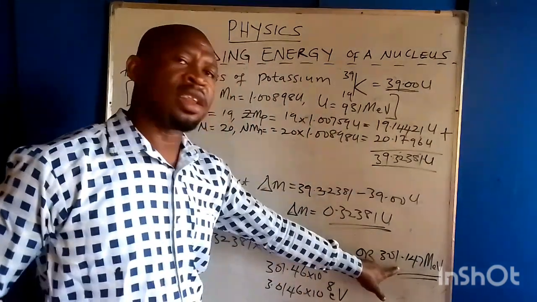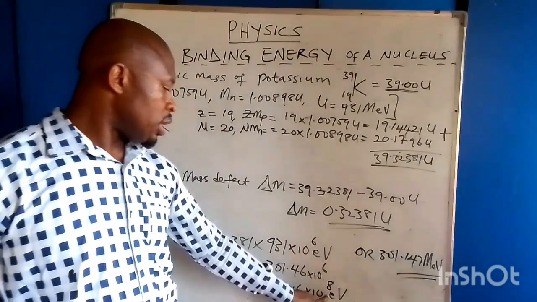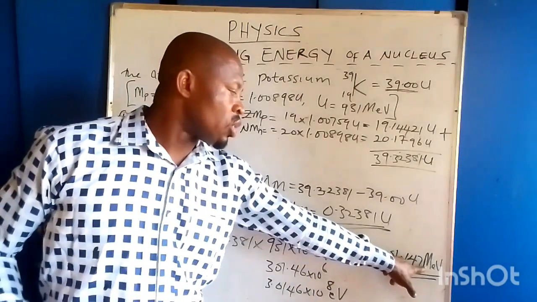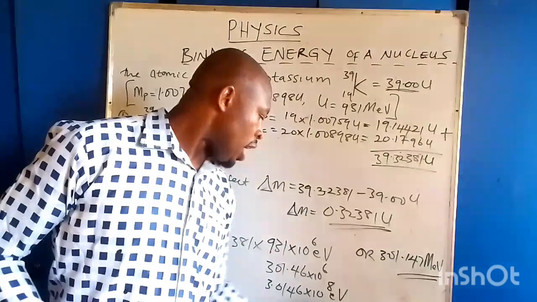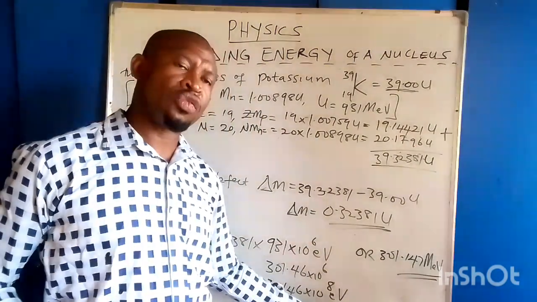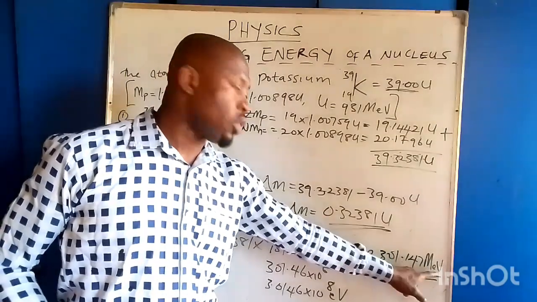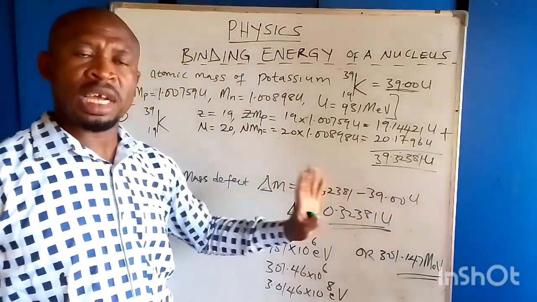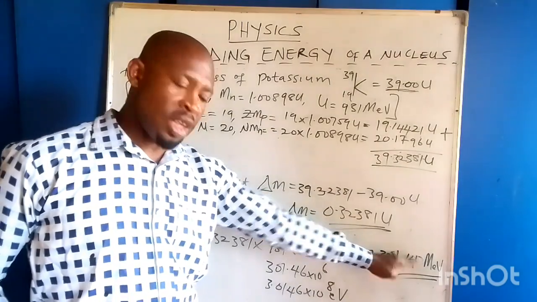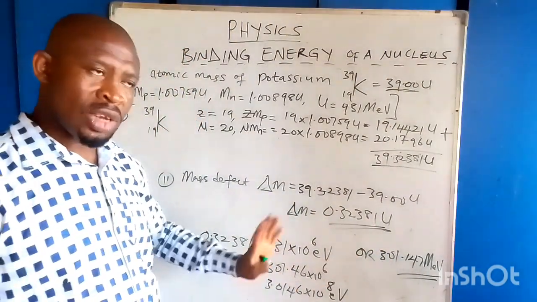Either you have it like this or you have it like this. This index number here is as a result of this mega. That is why we have this index number and the electron volt, or we just have 301.147 mega electron volts. So this one is in MeV, this one is in eV. So that's the difference.